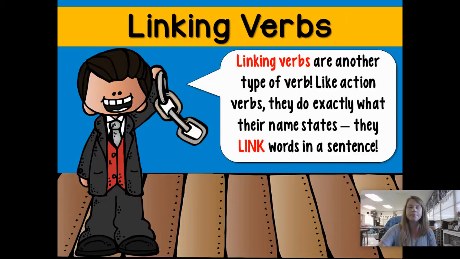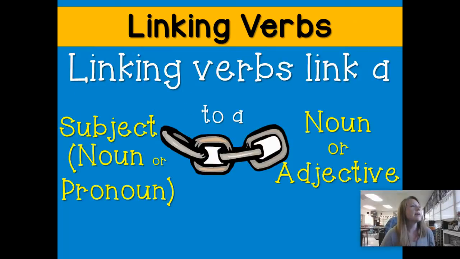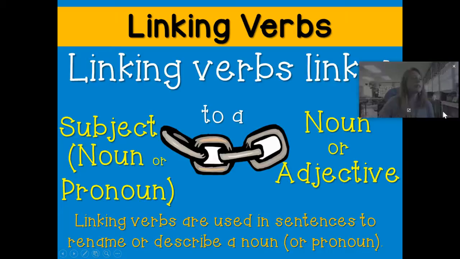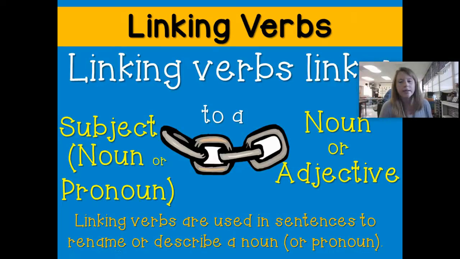Linking verbs link a subject, so that's a noun or a pronoun, to a noun or adjective. Linking verbs are used in sentences to rename or describe a noun or pronoun. Remember, pronouns are words that stand in for nouns, like he, she, us, we, they.